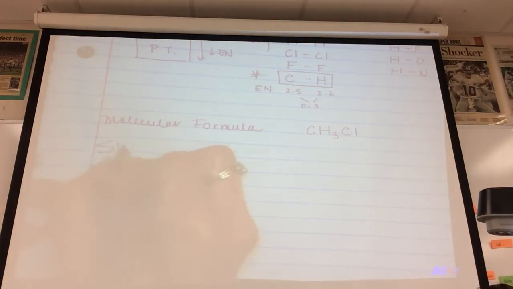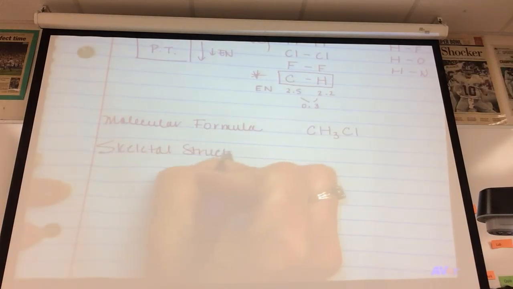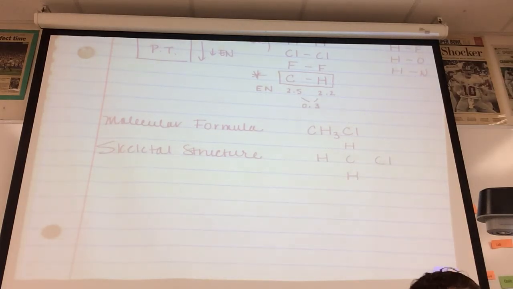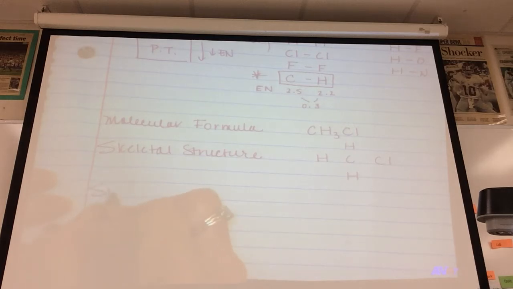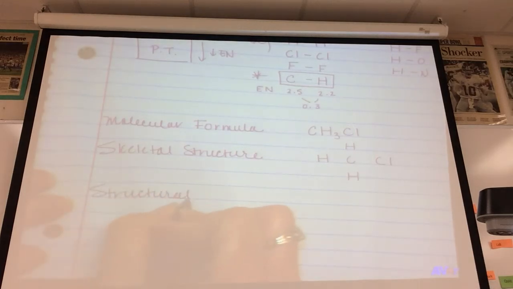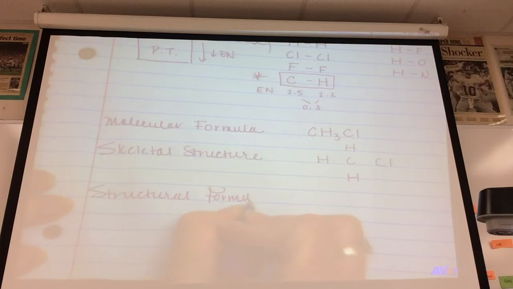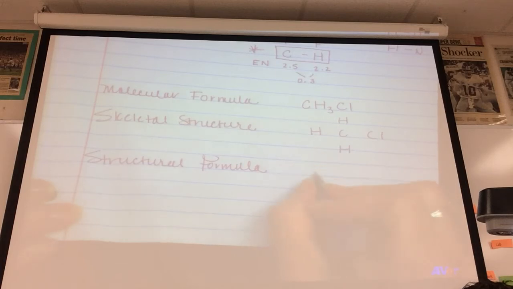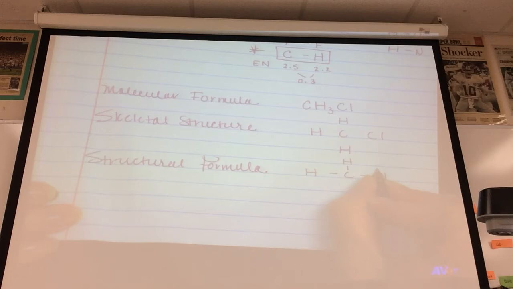A skeletal structure shows you the arrangement of atoms, and I'll review how to figure this out next time. A structural formula shows you not only the way the atoms are arranged, but also the linkages and the lone pairs of electrons.